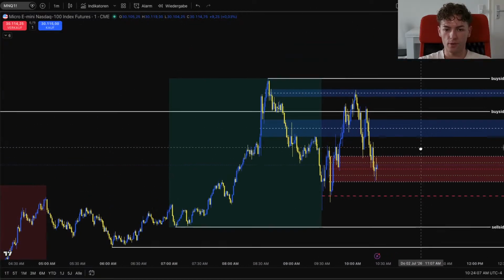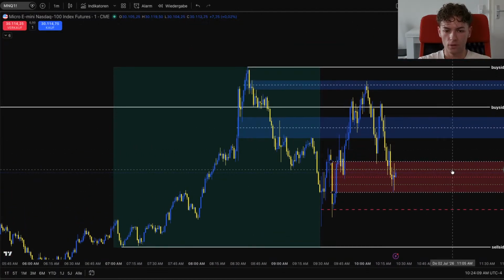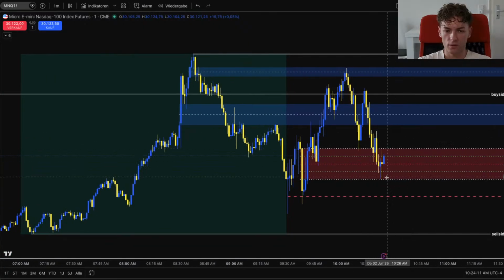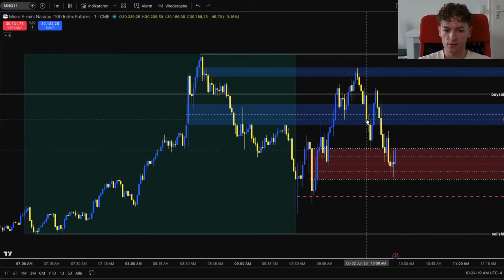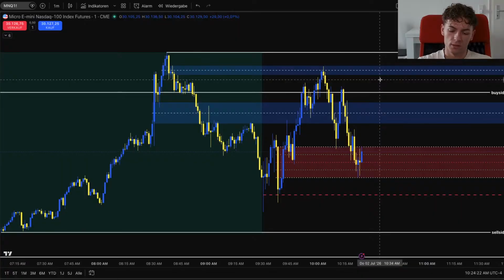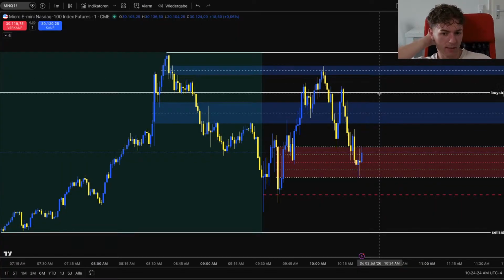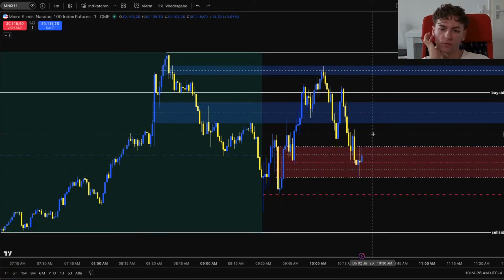For me to take a high probability short, I want to see price move up again, take out these highs, and then it will run through these lows. Okay, so it's 10:24. We'll see if we can get that trade. That's fine, beautiful. If not, then it was just a boring week so far. But let's just see what we can get.